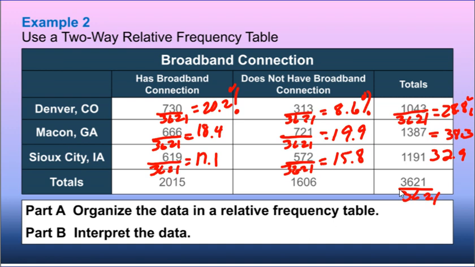Then we can just add straight down to get our total. So 20.2 plus 18.4 plus 17.1 gives us a total of 55.7.